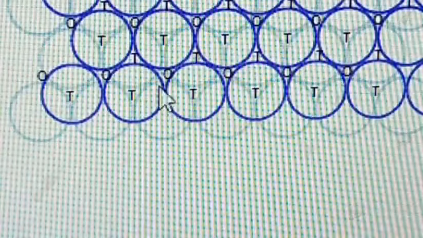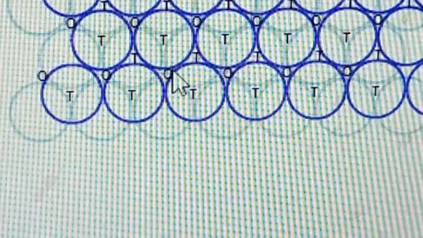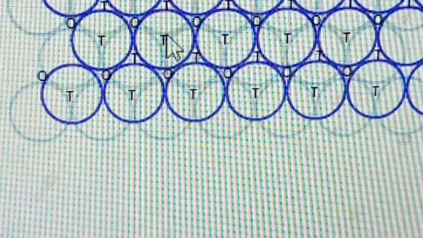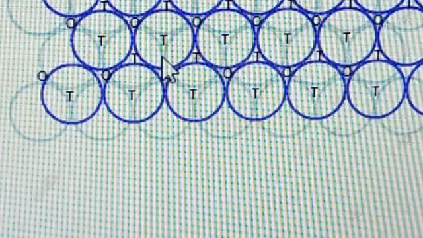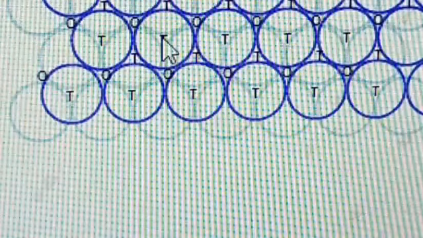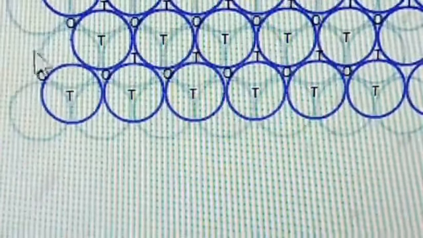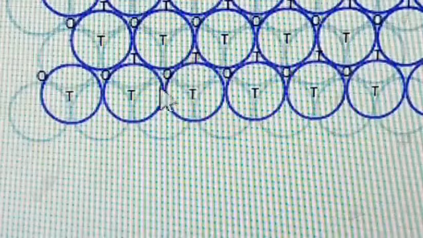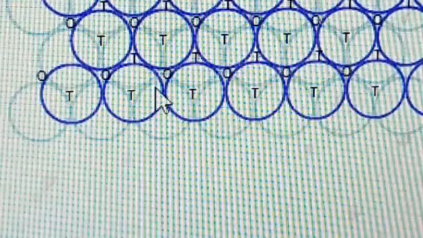Octahedral voids. See here, for this the apex will be upward and for this the apex will be downward. So when those two do not overlap, we get an octahedral void. Why we call it an octahedral void, I already told you. When we join the centers of the neighboring spheres, we get an octahedron.